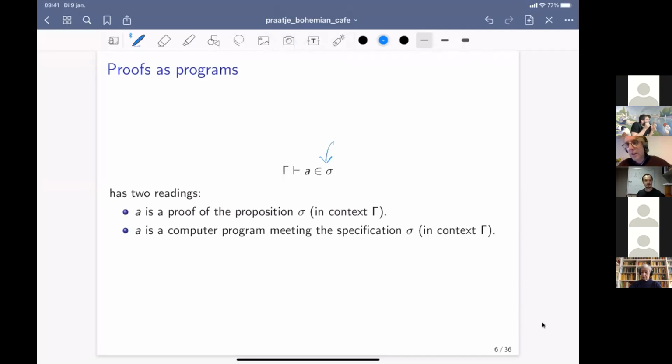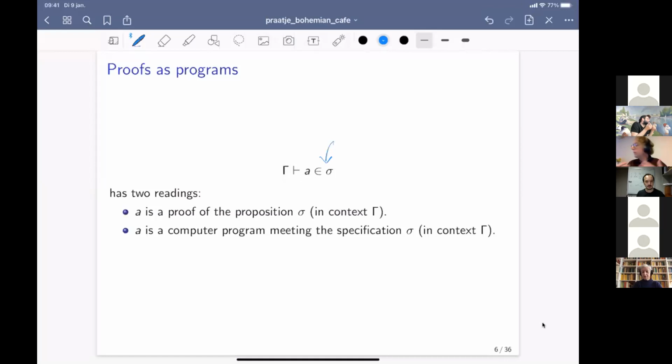There are always two readings of this. You can think of the type σ as a mathematical statement, a proposition, and then a is a proof of that proposition. At the same time, you can think of σ as a kind of specification.